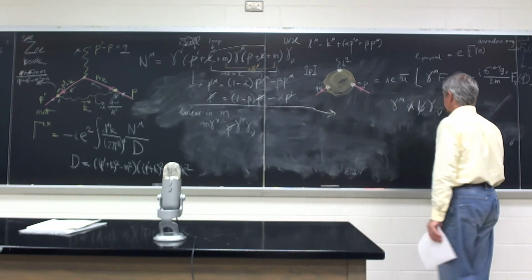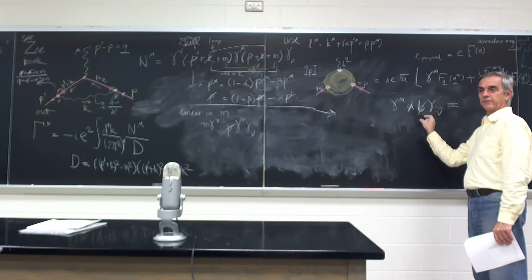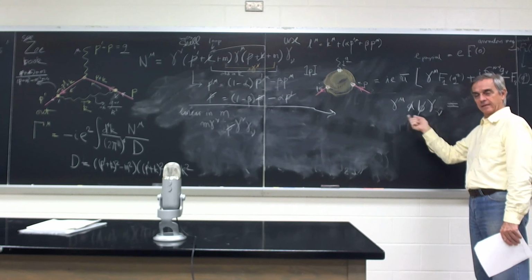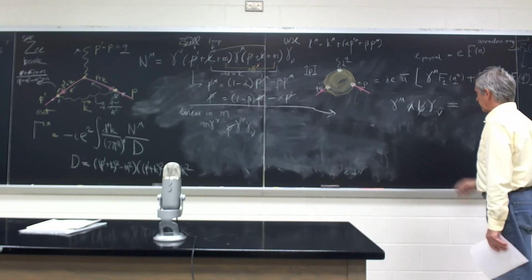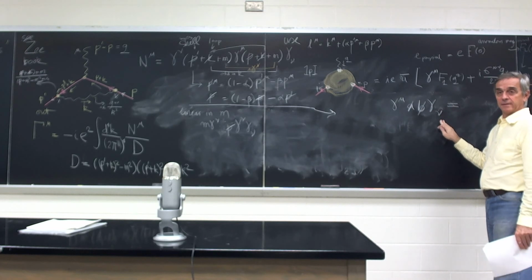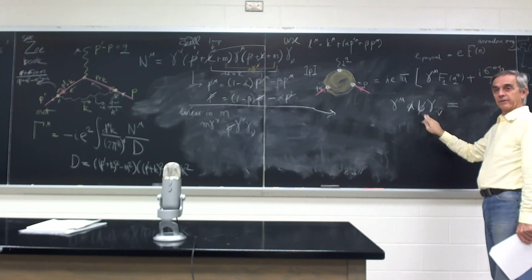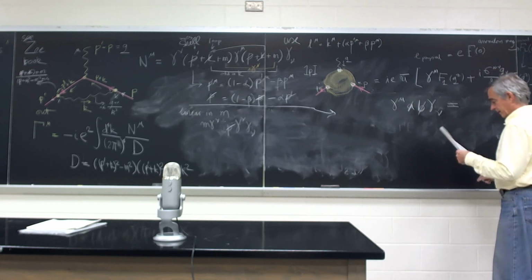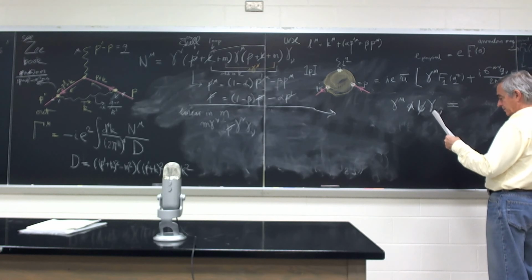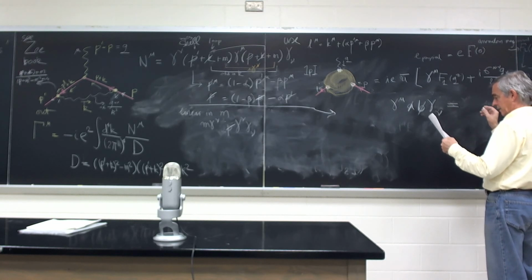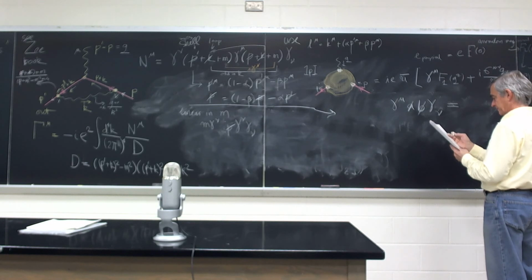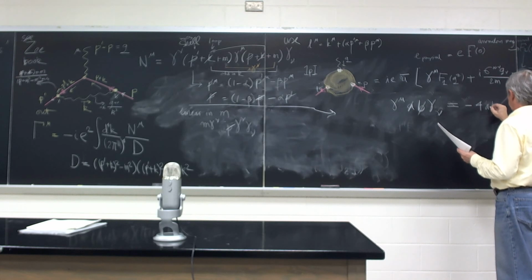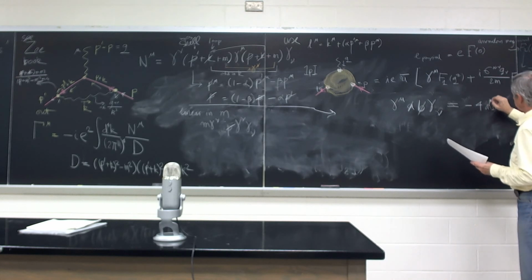It's just the standard, these are gamma matrices, you use the anti-commutator relation of Dirac, you pick up g mu nu, and you work a little bit, and you realize this has to be a scalar number. And what scalar can you make from a 4-vector A and a 4-vector B? After a little calculation, which I don't want to do now, we get minus 4 A dot B. Now, I can write it in covariant notation.